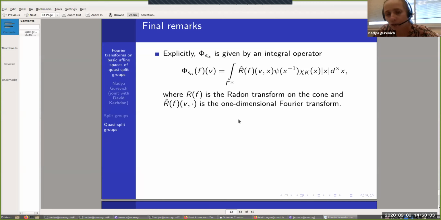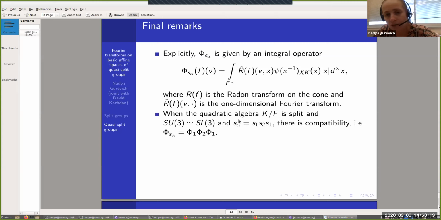Now you might think that this construction is very arbitrary, since we used some small dimensions. So how do we know that our choice for phi of S alpha was the right one?